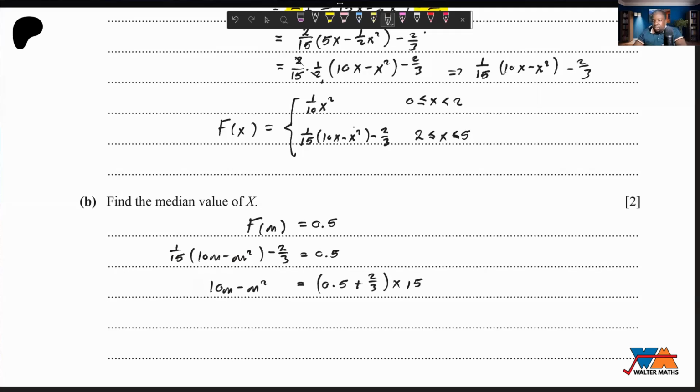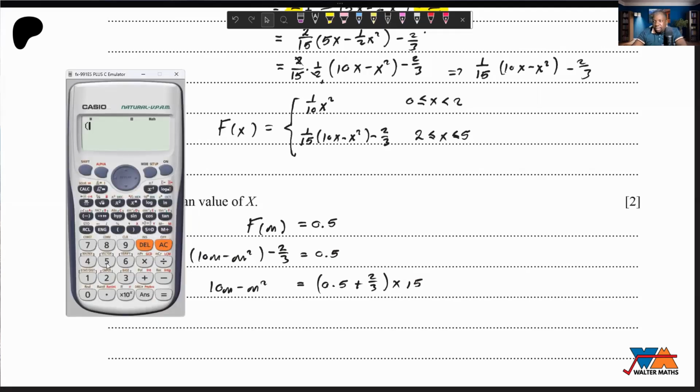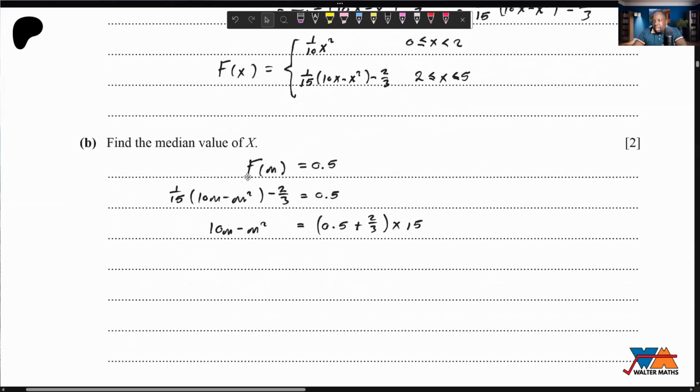I just moved all the constants to the right, and that's 35 over 2. So 10m minus m squared is equal to 35 over 2, which is the same as 20m minus 2m squared equal to 35, which is the same as 2m squared minus 20m plus 35 equal to 0.